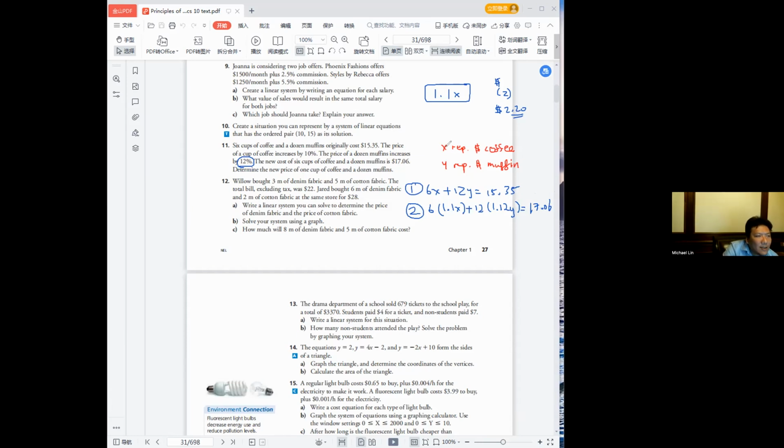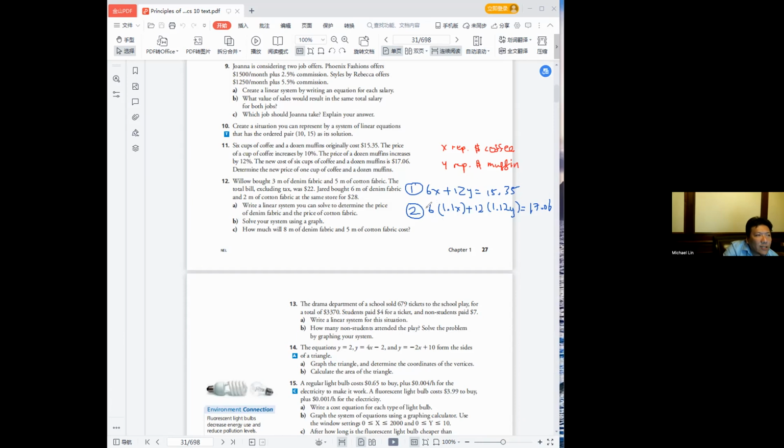Does that make sense? It's a little bit tricky to think about, but you have to remember that if you're increasing something by 10%, it's like you're paying 110%. If you're increasing something by 12%, it basically means you're paying 112%, right? That means you have 1.12 times y, because y is the price. Similar with the coffee, you have 1.1 times that.